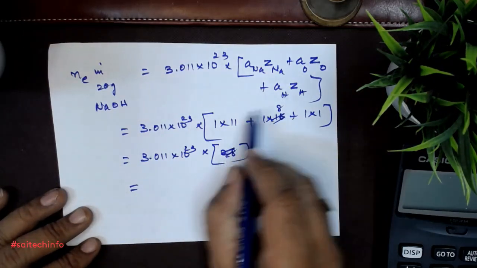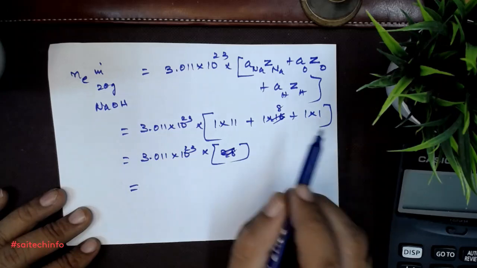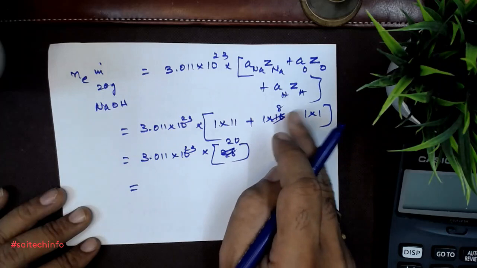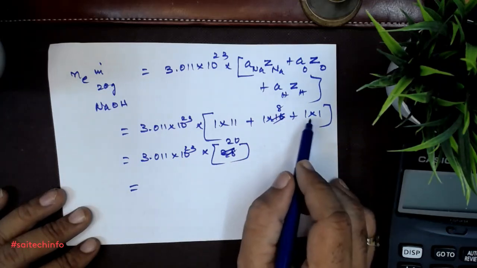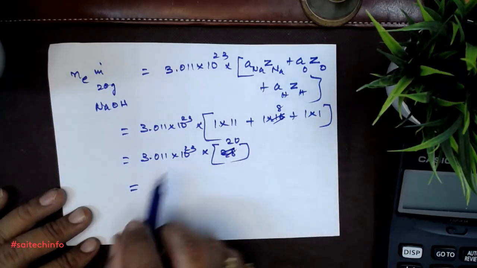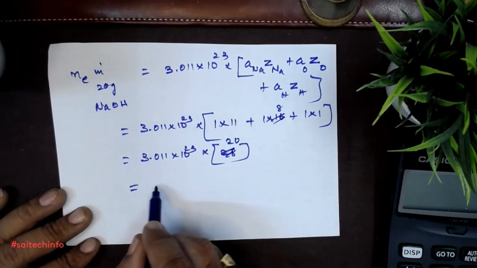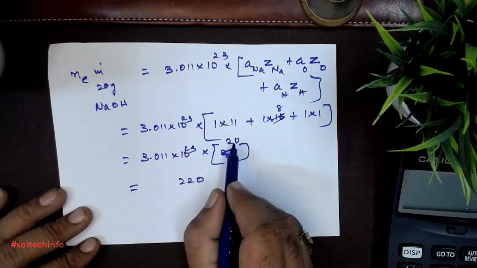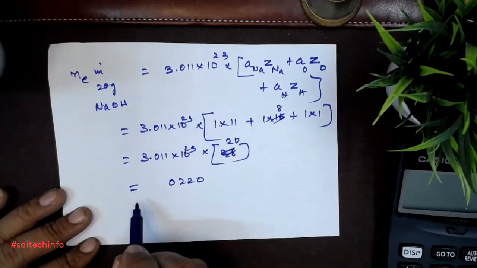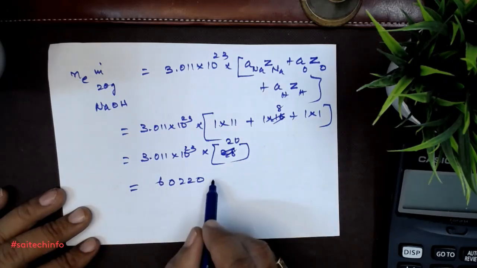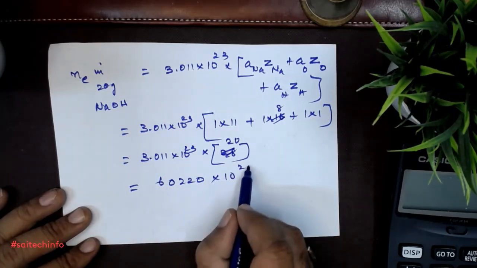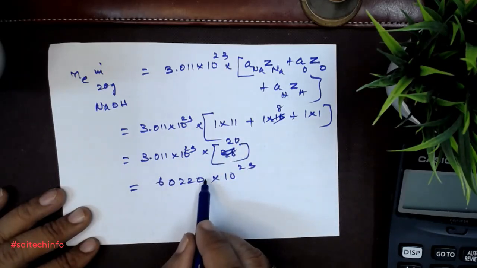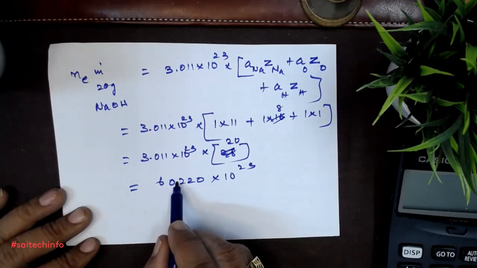So how much? 11 plus 8 plus 1, 19, 20 once again. Okay, 11 plus 8, 18, 19 plus 1, 20. So twice this. It means again how much? 2, 2, 0 and then 6.022 into 10 power 23, and you get 20.. Okay, 3 digit.